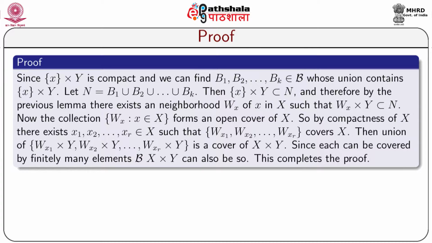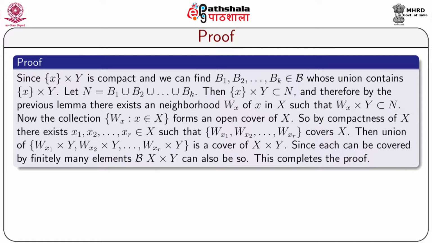Observe that each Wxi Cartesian product Y is contained in N, and their union covers X Cartesian product Y. That means X Cartesian product Y is contained in the union of Wxi Cartesian product Y, where i runs from 1 to r.